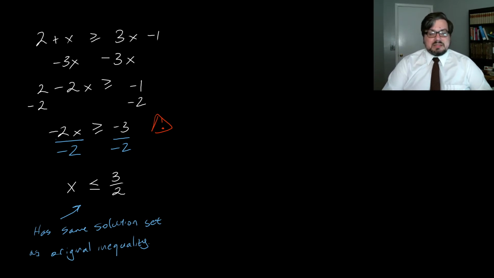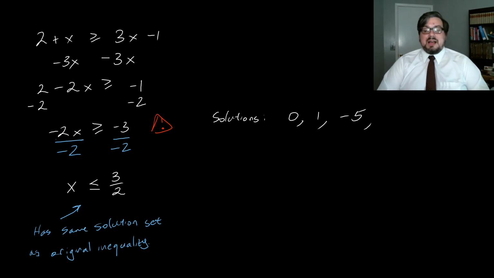So from this we can say that lots of numbers are solutions. We have that 0 is a solution, which we found before. We've got that 1 is a solution because 1 is less than 3/2. We have that -5 is a solution because -5 is less than or equal to 3/2. We have that 3/2 is a solution because it's equal to 3/2.